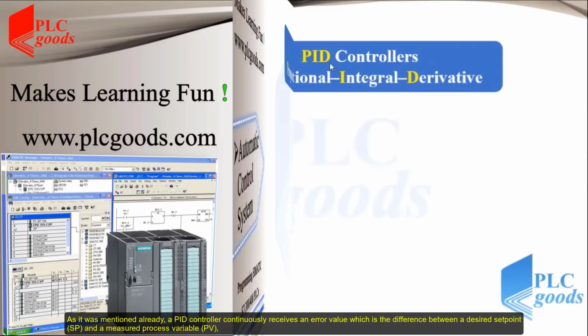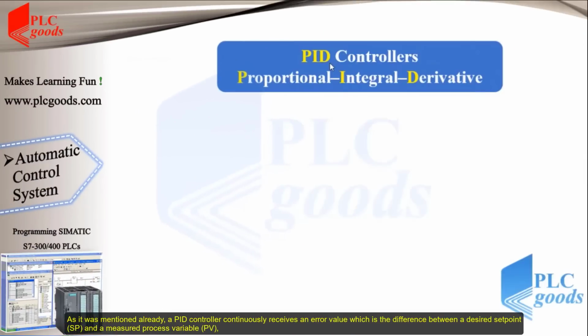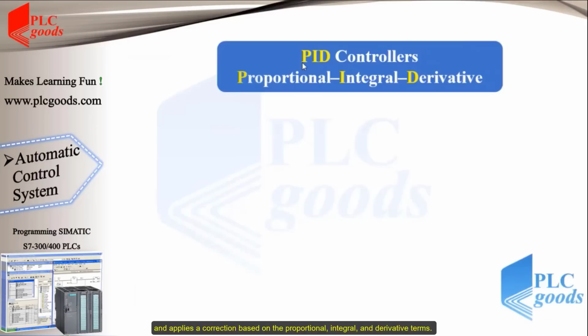As it was mentioned already, a PID controller continuously receives an error value, which is the difference between a desired set point and a measured process variable, and applies a correction based on the proportional, integral, and derivative terms.